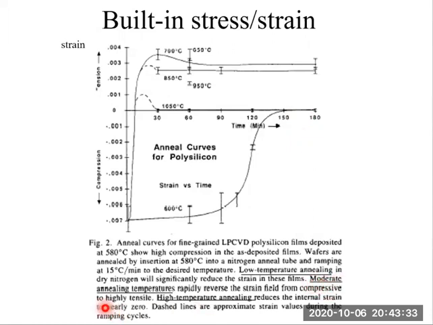Then moderate annealing temperatures, for example 700 degrees C, 850 degrees C, rapidly reverse the strain from compressive to highly tensile. Initially, the as-deposited polysilicon thin film has a very large compressive stress. With a moderate annealing temperature, this compressive stress can be quickly reversed and become tensile.